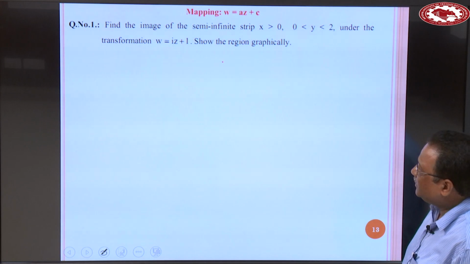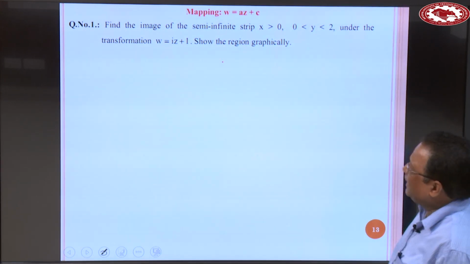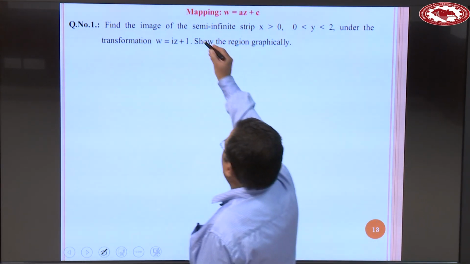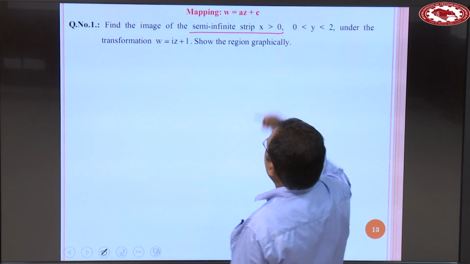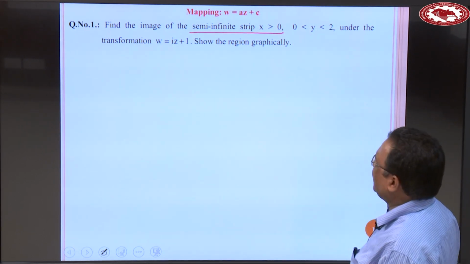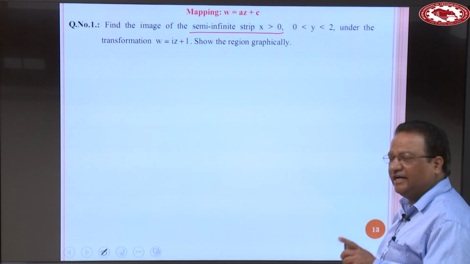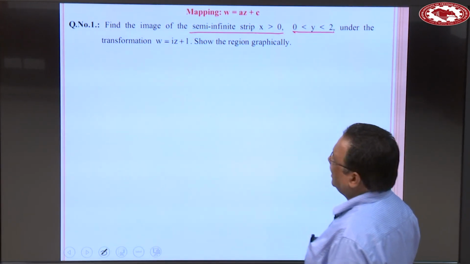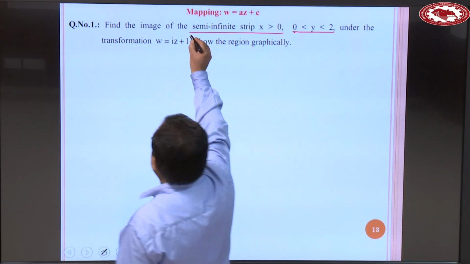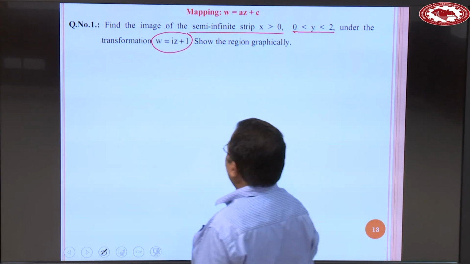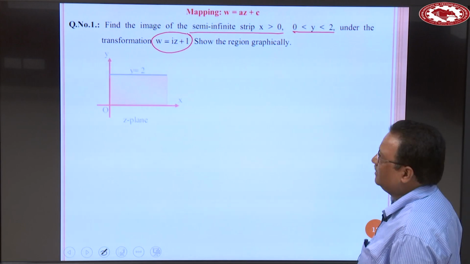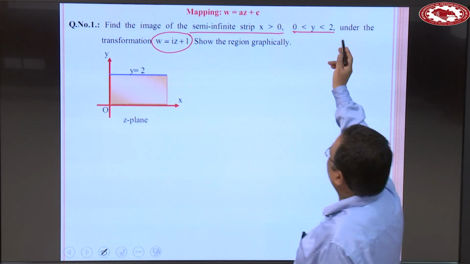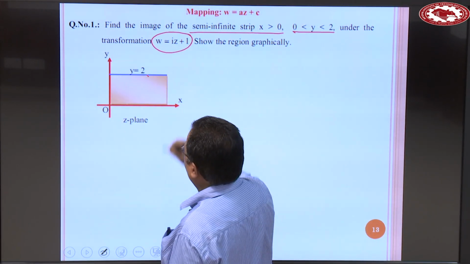Okay. One more question. Find the image of the semi-strip. Very interesting problem. Find the image of the infinite strip x is greater than 0 and y in between 0 and 2 under the transformation w is equal to iota z plus 1. Show the region graphically. So y is 0 and y is 2, clear.